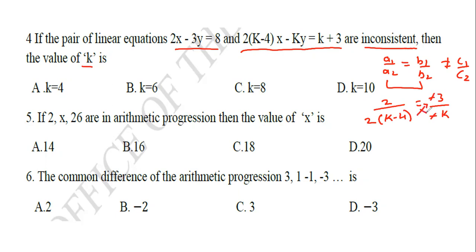Now cross multiply: 2k equals 3 into 2 into k minus 4. 2 into k is 2k, equals 3 twos are 6k minus 3 fours are 12. In the next step, 12 equals 6k minus 2k, which is 4k.